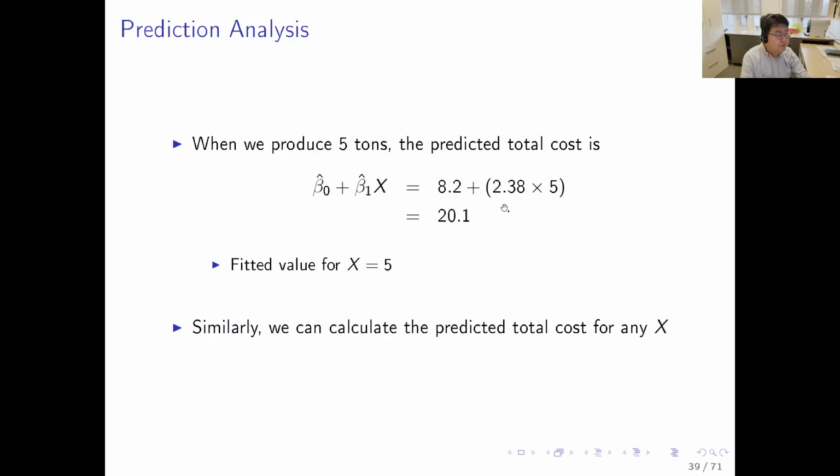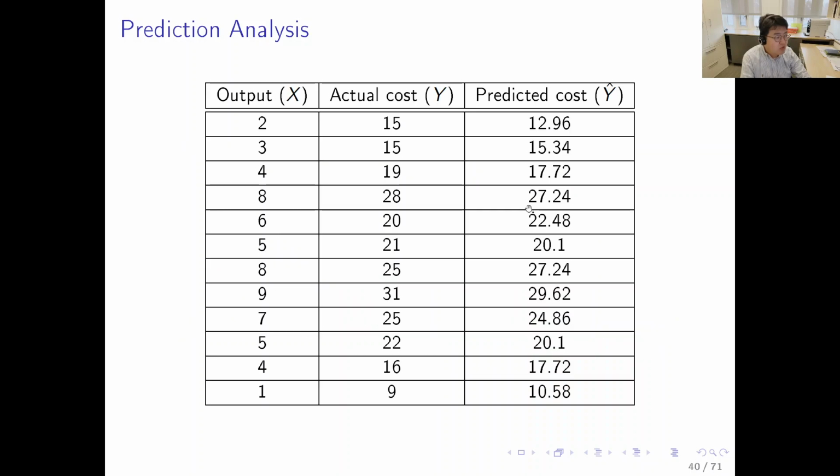You just need to calculate this. And what you see here is you can also predict the cost for each month, which we already observed. We calculate their predicted cost, and then you see the differences.